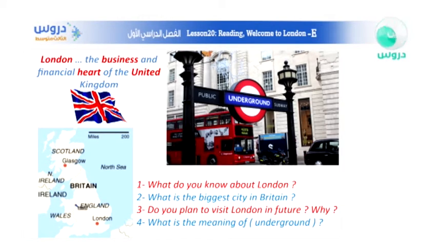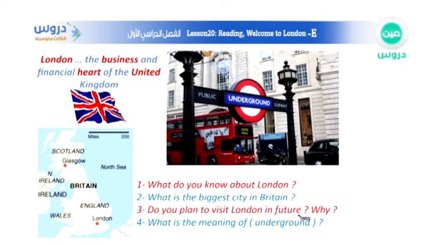Is it Glasgow, London, Dublin, Liverpool? What do you think, guys? Really? Okay. Liverpool. So it's not London? Okay. I will consider your answer correct, but it is not. London is the biggest city in Britain.